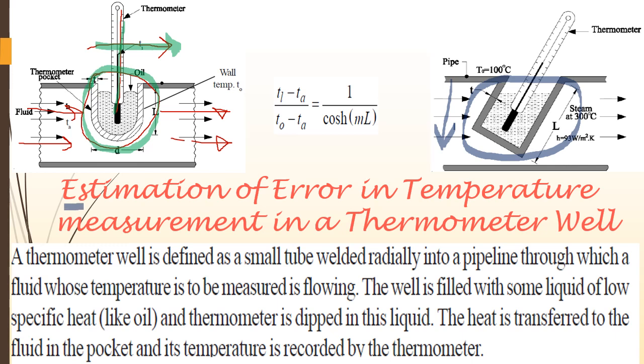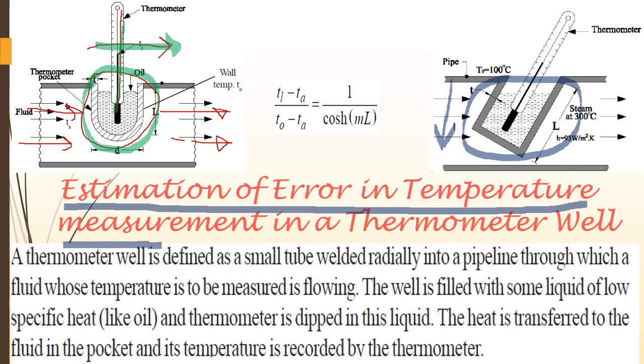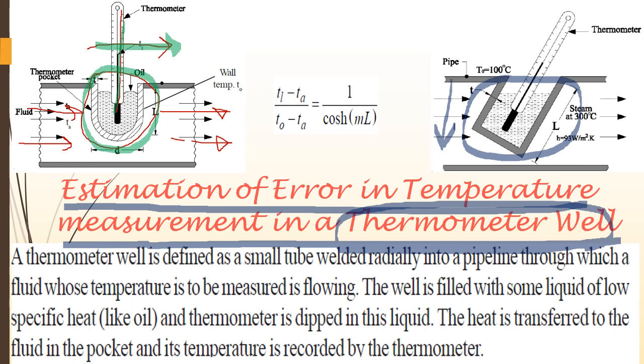So we are going to discuss the estimation of error in the temperature measurement in a thermometer well. First we will discuss what a thermometer well is, for what purpose it is used, which kinds of fluids are used here, and why we go for this kind of fluid. All these things we will discuss in the current video.